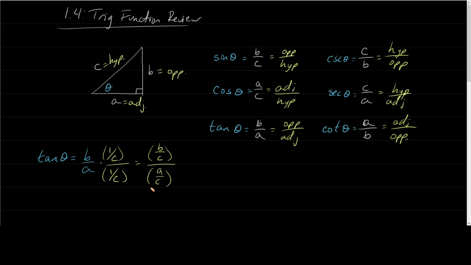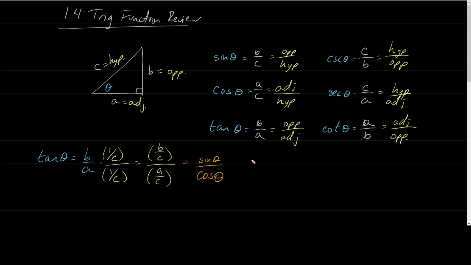Now why do I care about that? Well, let's look at what b over c was. B over c was sine, and a over c was cosine. So what we found here is that tangent can also be rewritten as sine theta over cosine theta. All right.